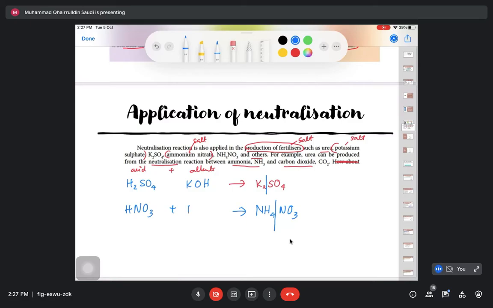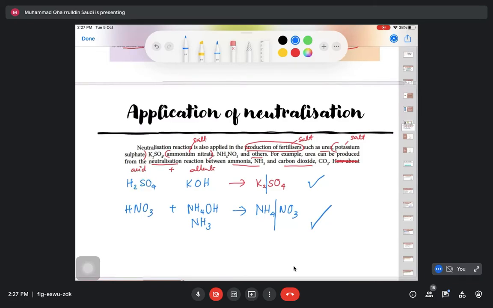Ammonium hydroxide can be used as well, or ammonia. Ammonia is easier to find than ammonium hydroxide because ammonium hydroxide is a bit difficult to produce. It is usually more in the form of ammonia, but it is correct as well. So good, you can identify the acid and alkali used from our salt.